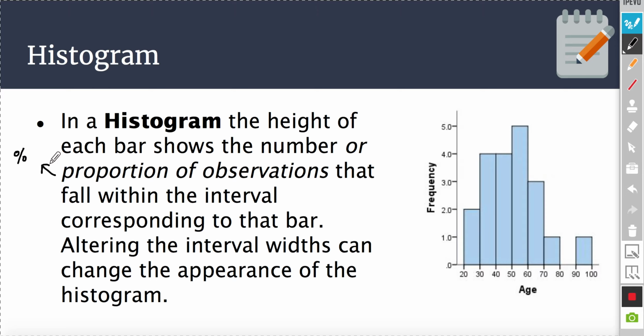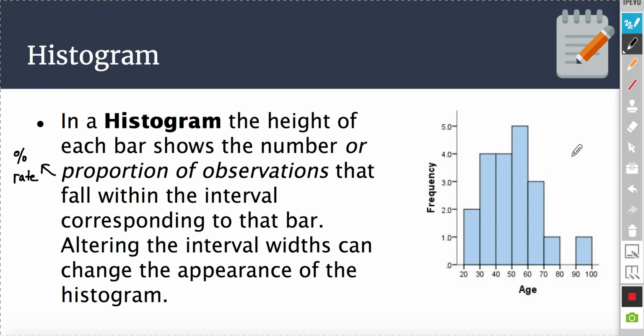It's a relative comparison, the percent or rate. So a histogram can measure percents or rates. The height of each bar shows the number or proportion of observations that fall within the interval corresponding to that bar. If we alter the widths of the intervals, we can change the appearance of the histogram. I'll get to that in a little bit.